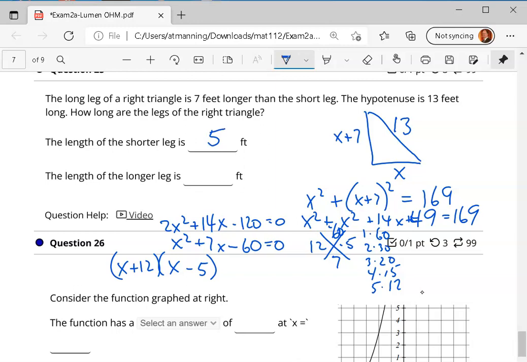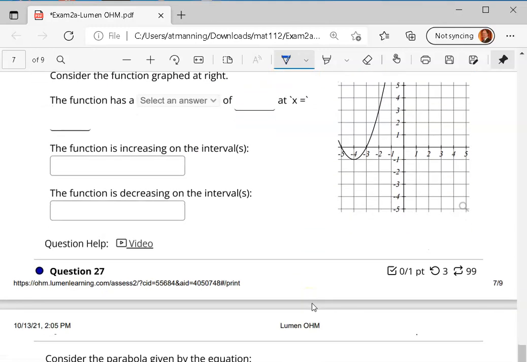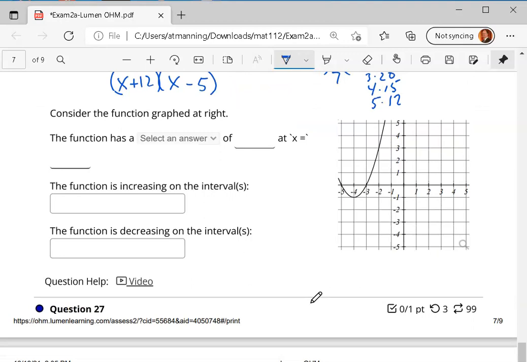And the other length is x plus 7, or 12. So you could do the quadratic, or you could say, factoring, I've gotten pretty good at that. Get the equation to here and do the factoring, or get the equation to here and crank it in the quadratic form.